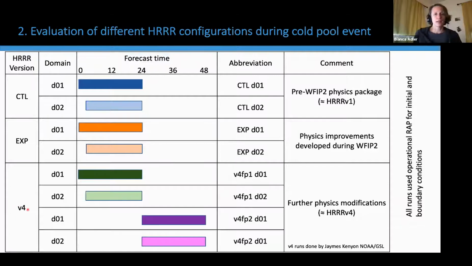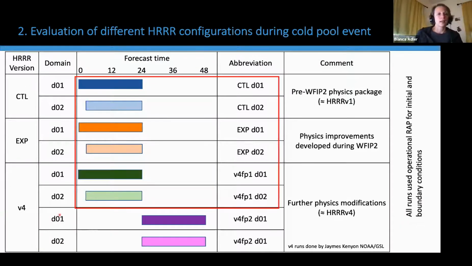The version 4 runs were 48-hour forecasts, and they were done for the cold pool period only by my colleague James Kenyon. And I started off with comparing the first 24 hours for all 6 configurations. So for all 3 model versions and for 2 domain sizes with different horizontal resolution.